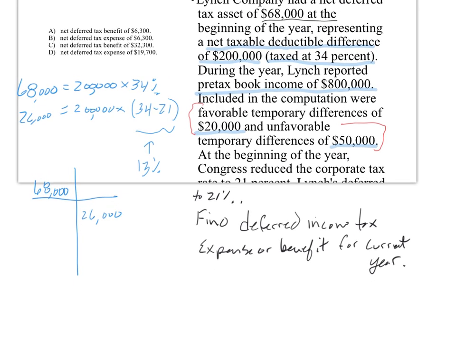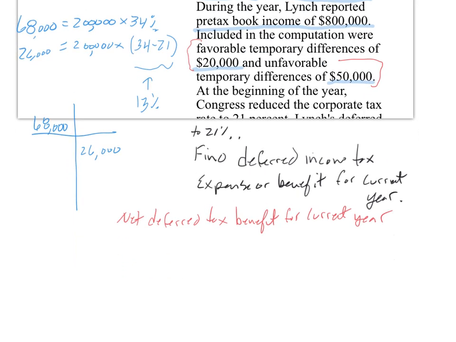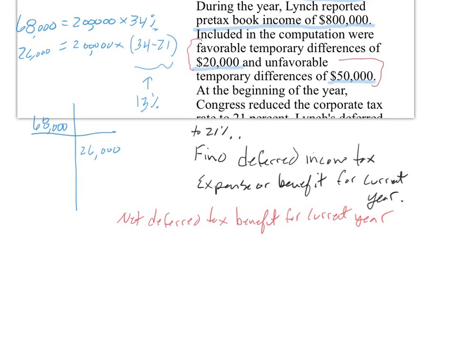So our net deferred tax benefit for the current year is going to be equal to the difference between our favorable temporary differences and our unfavorable temporary differences.